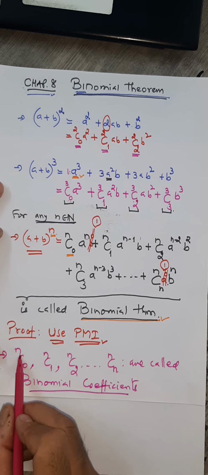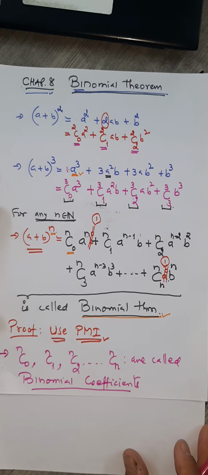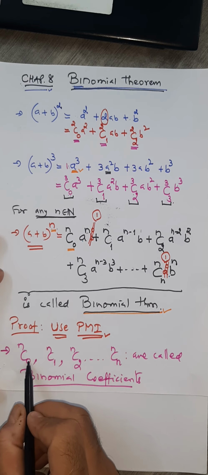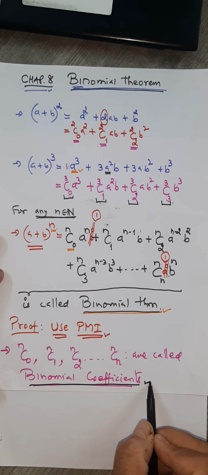These constants nc0, nc1, nc2, ncn, these are known as what? Binomial coefficients, remember.